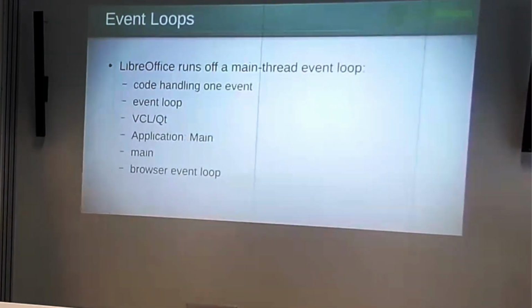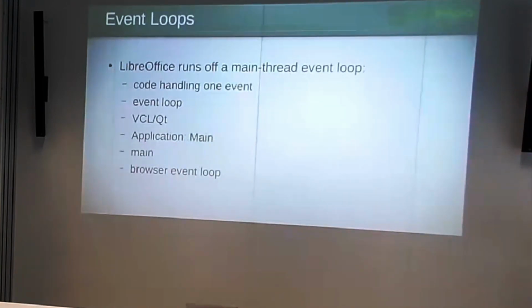We then have this abstraction of not using main directly, but some VCL application main, and then we call from VCL into Qt, and then Qt has its own event loop, where a Qt application gets some stimulus, the user types anything or clicks anything or whatever, and then the Qt event loop handles these events. And then our code on top of the Qt event loop, when you type a letter in Writer, the letter appears in your text document. So we have another event loop there.